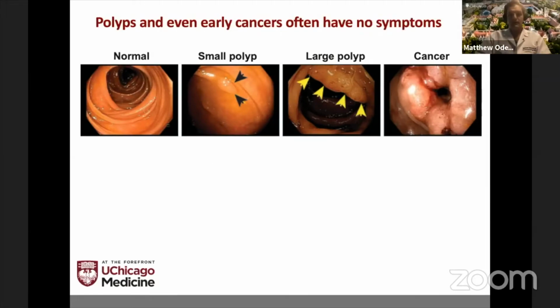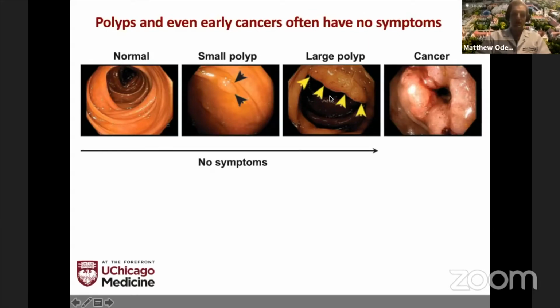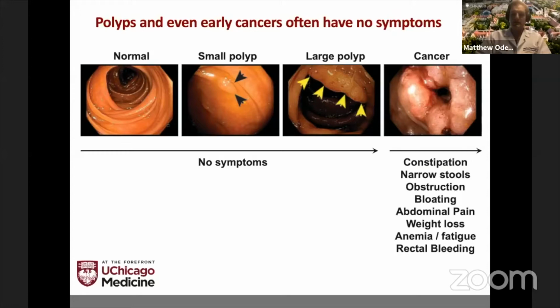One of the big hangups about screening for colon cancer is that polyps and even early cancers often have absolutely no symptoms whatsoever. In small polyps and even large polyps, there's often no symptoms at all. Cancers themselves, when they do develop, often cause non-specific symptoms, meaning symptoms that perfectly healthy people have.